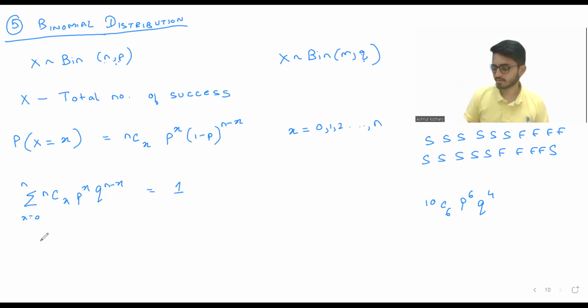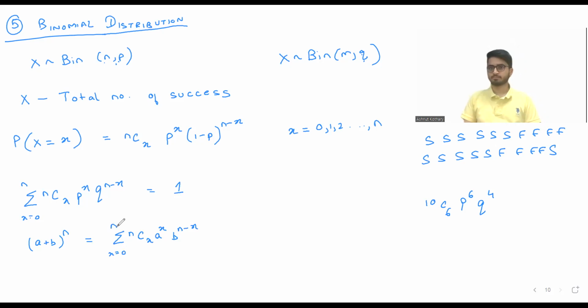Mathematically, see this. Remember that (a plus b) to the power n can be written as summation nCx a to the power x, b to the power n minus x, x running from 0 to n. Again, this is something I guess I might have covered in the first class.